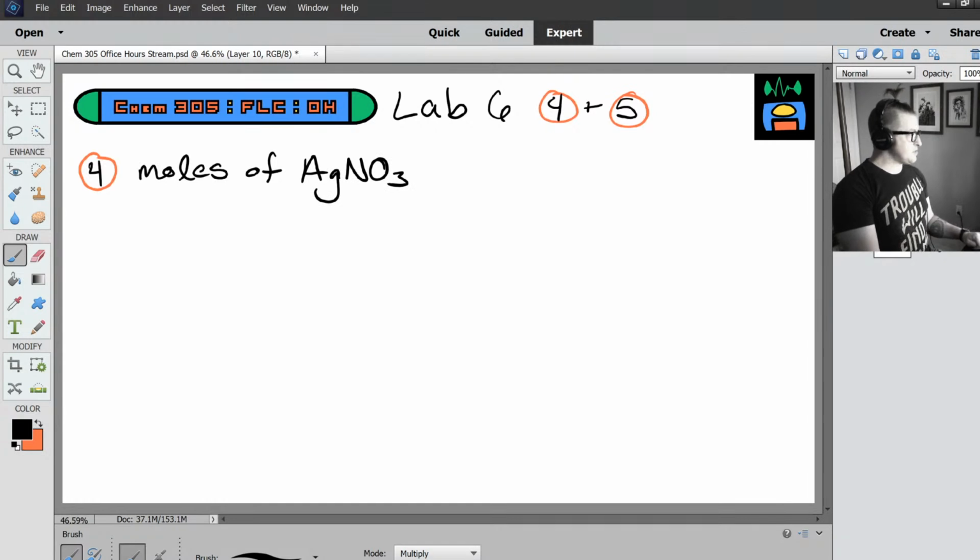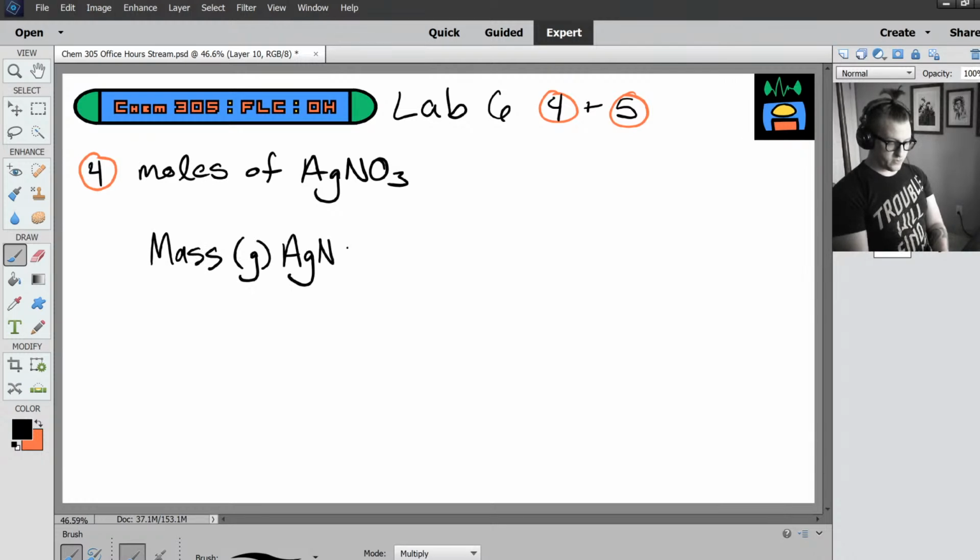All right, and to get moles of silver nitrate, we recorded under our data section the mass in grams of silver nitrate. So to find the moles of silver nitrate, we need to do a unit conversion that'll convert grams of silver nitrate to moles.